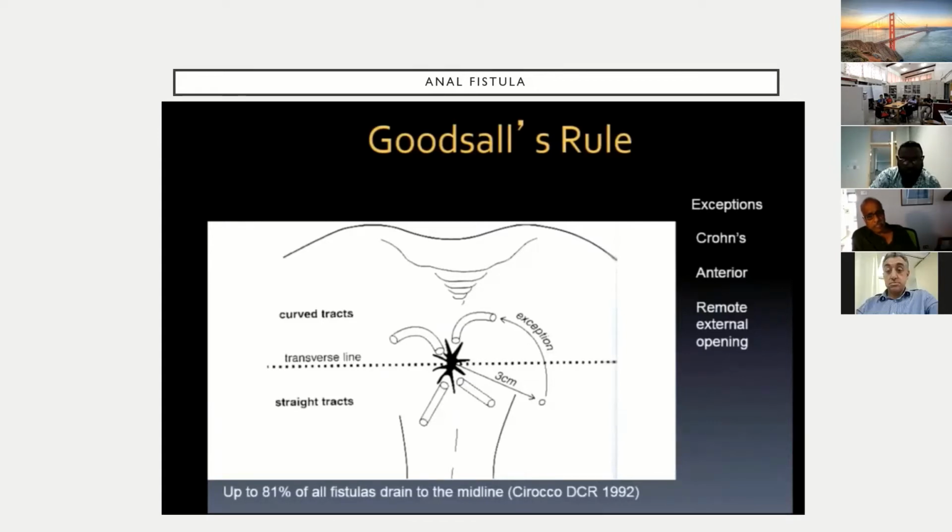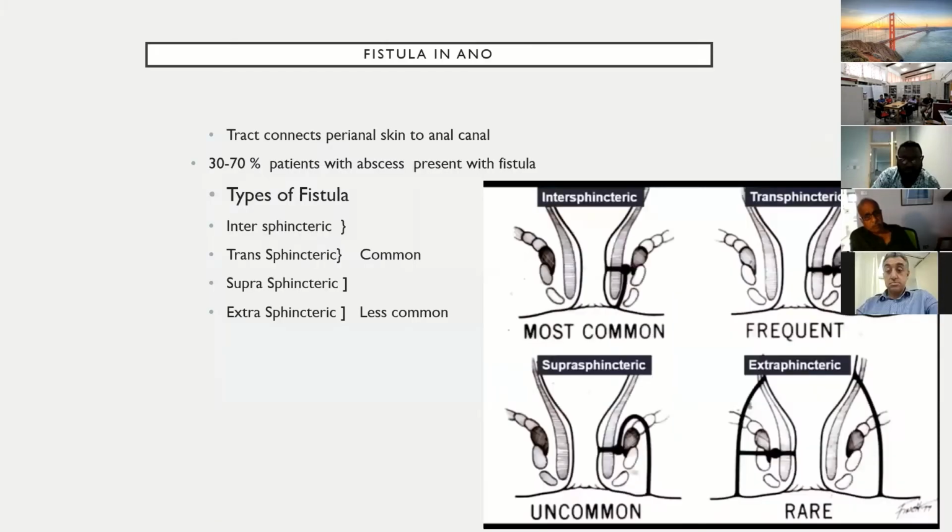If it is posterior, it often has a curved track. And we also have to note that almost 80–90% of internal openings are in the midline. There are exceptions to the rule: if it is more than 3 centimeters long, or if it's due to Crohn's disease, Goodsall's rule may not apply.